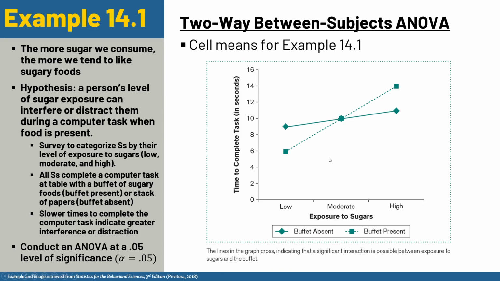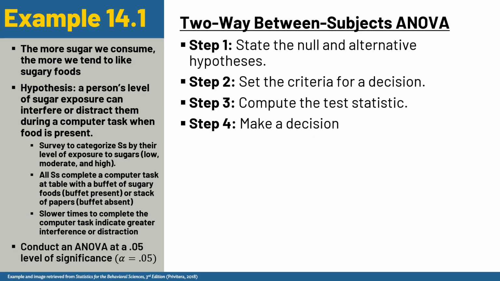So we can see if the buffet was present, those who were high exposure to sugar took longer on the computer task than those where the buffet was absent, right? And so on and so forth. You can interpret all these individual points to clearly show that there's some kind of interaction occurring. So let's explore the nuances of that.